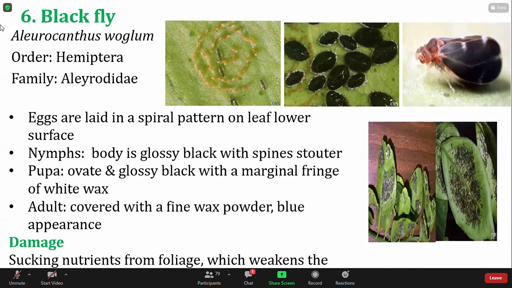The adult is covered with a fine wax powder, so it looks bluish in appearance, right? The damage is that it sucks the nutrients from the foliage, which weakens the plant. They are sap feeders. They absorb the nutrients. The plant will become very weak.